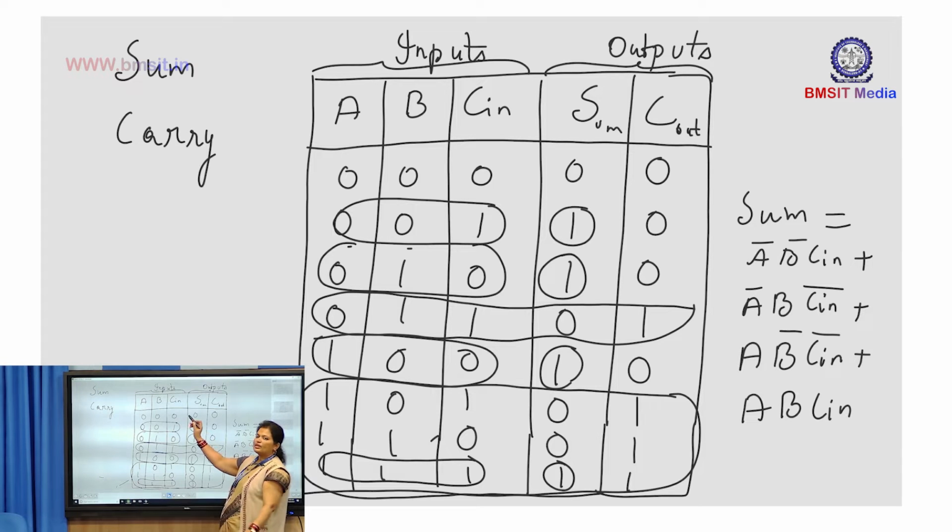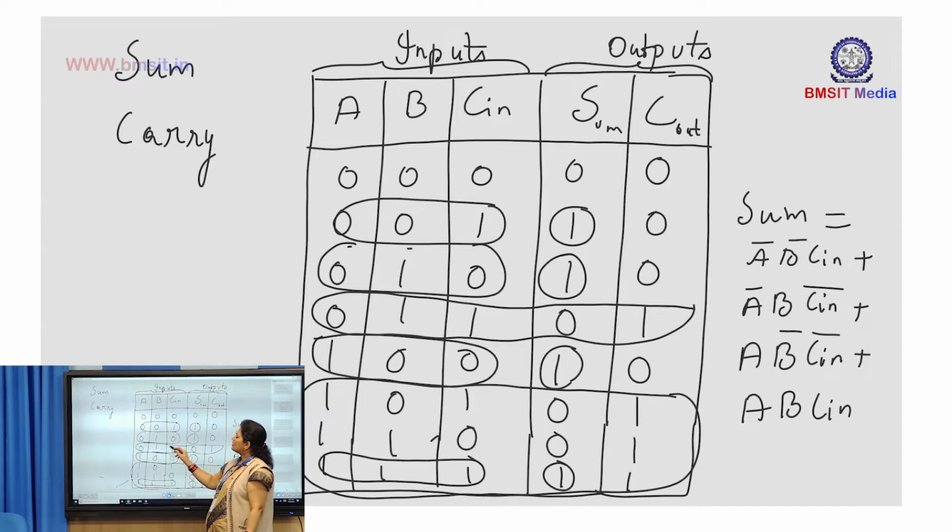So for the first combination, the outputs are 0, 0. The second combination, you get sum is 1, carry is 0 because 0 plus 0 plus 1. Next combination is 0 plus 1 plus 0, for which you get sum as 1, carry as 0. Next combination is 0 1 1. So 1 plus 1 is 0, so sum is 0, carry is 1.